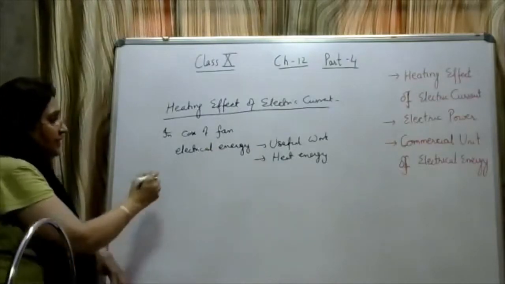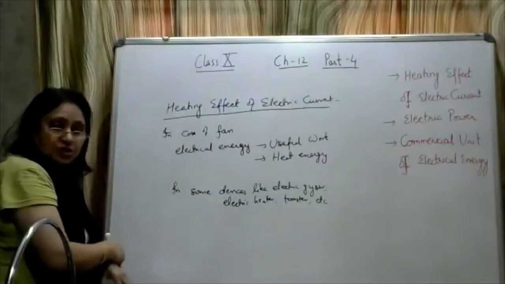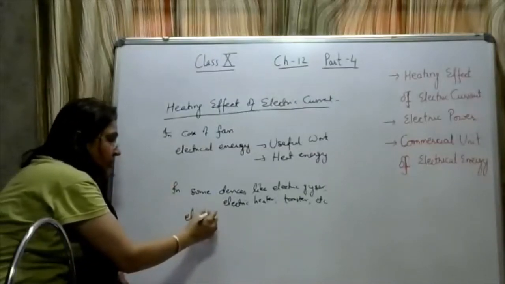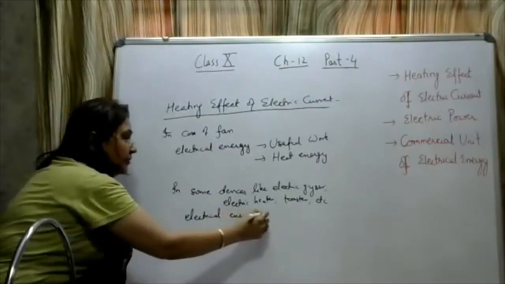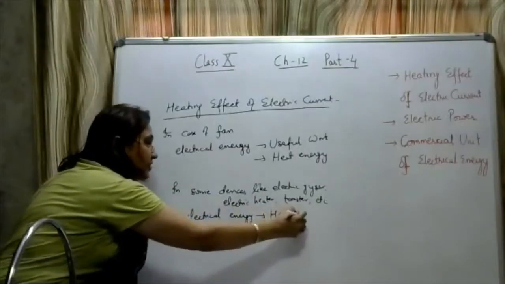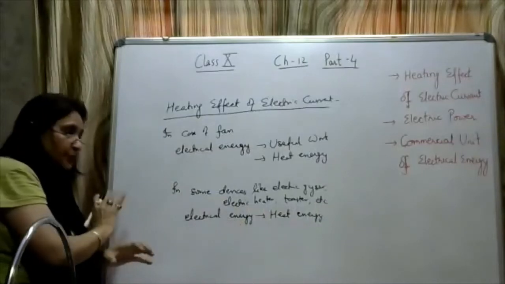But in some of the devices like electric geyser, electric heater, electric toaster, electric iron, the electrical energy has to be converted into the heat energy only. The whole of the electrical energy has to be converted into heat energy. And this is possible when the circuit is purely resistive.